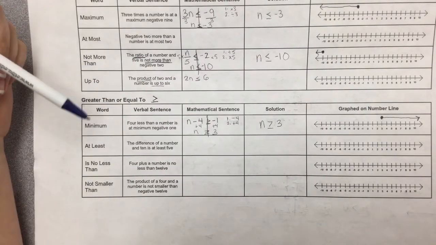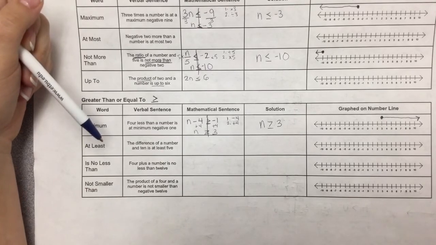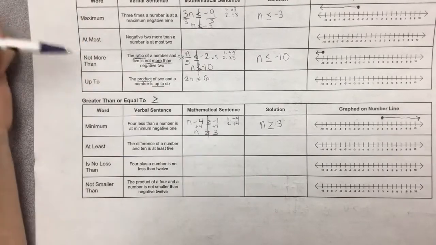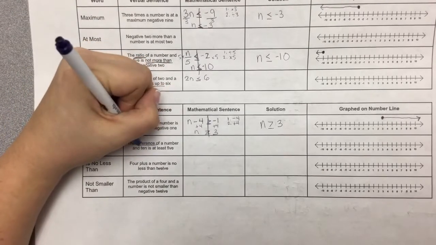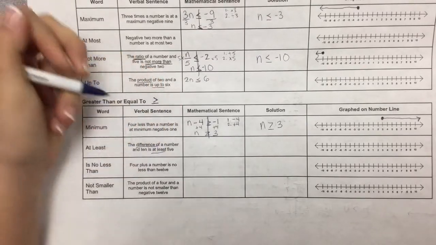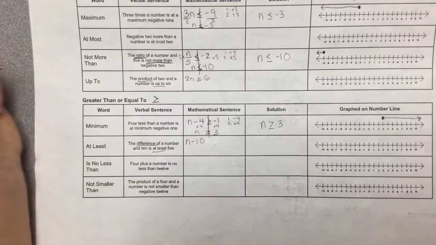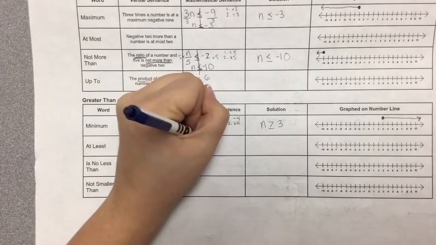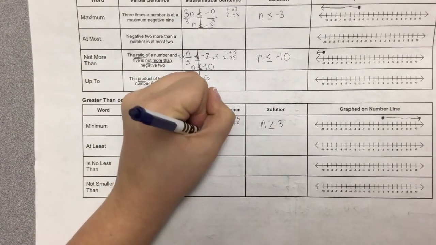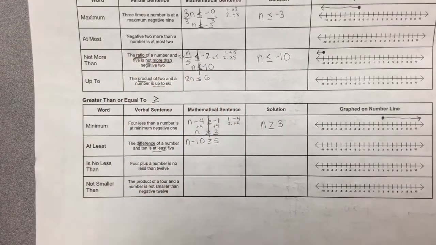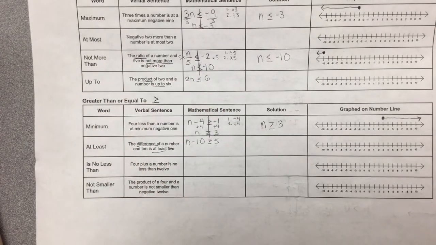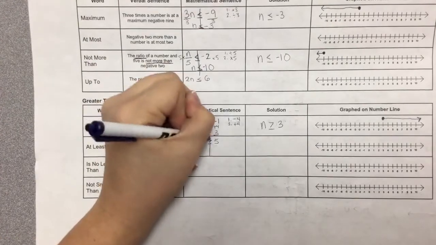The difference of a number and 10 is at least 5. Difference means that it's going to be subtraction. We have a number and the difference is 10, so minus 10 is greater than or equal to, at least, 5. Okay, I'm going to draw my line.